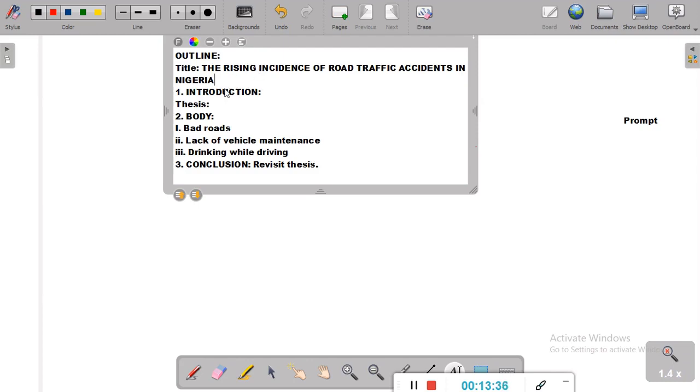You can do this within a very short time, but you have to be mindful of the three main parts of your essay: the introduction, the body, and the conclusion, so that the main points you are jotting down will cover these three main parts.